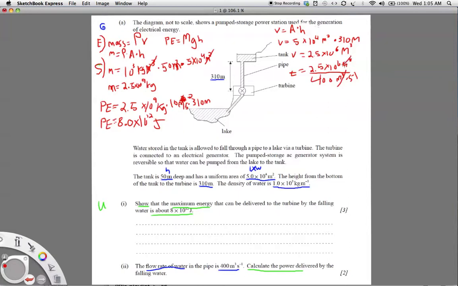Cross out meters cubed. Go ahead and do the calculation. Stop the video.